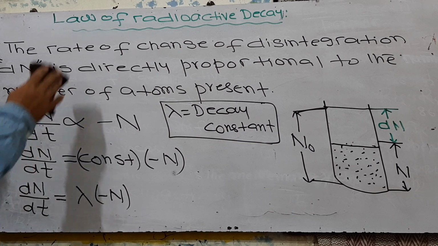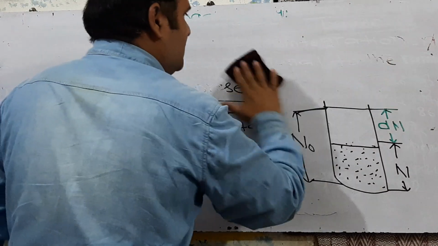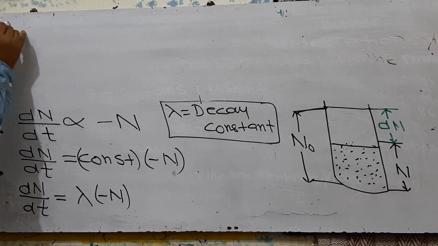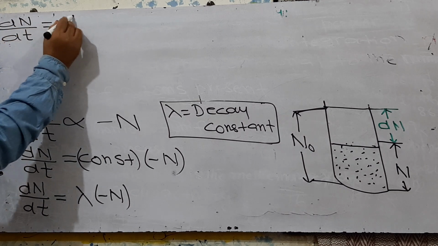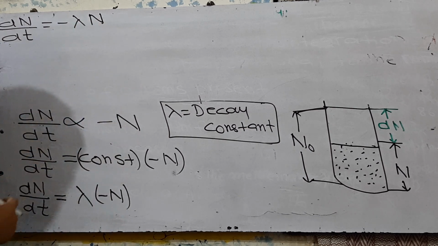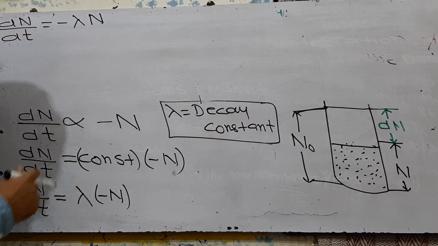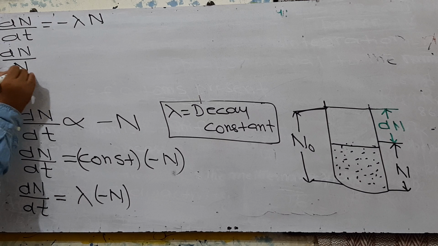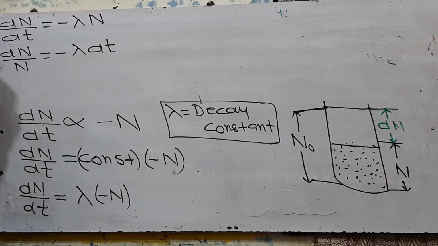Now, dN upon dt is equal to minus lambda N. I can write, by applying cross multiplication, dN over N is equal to minus lambda into dt.